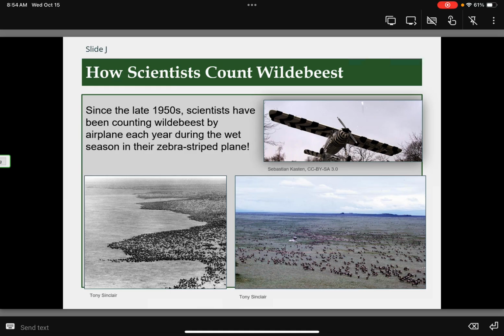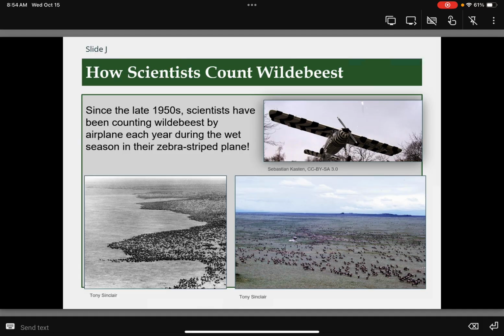Okay, if we look at pages 42 through 44, we have a graph on there that we have already seen, right? Yeah, sure.